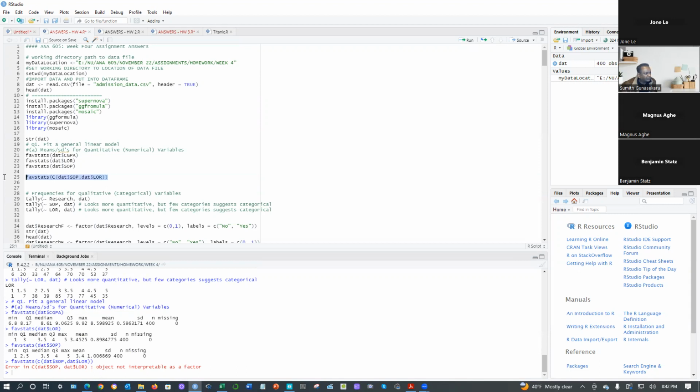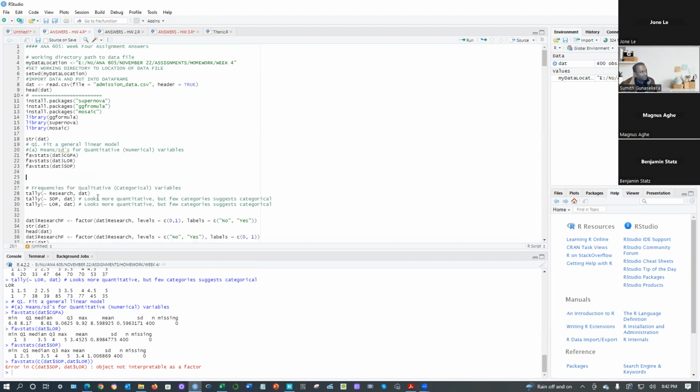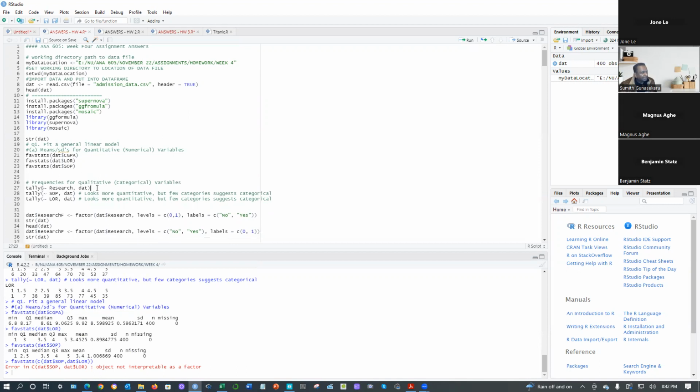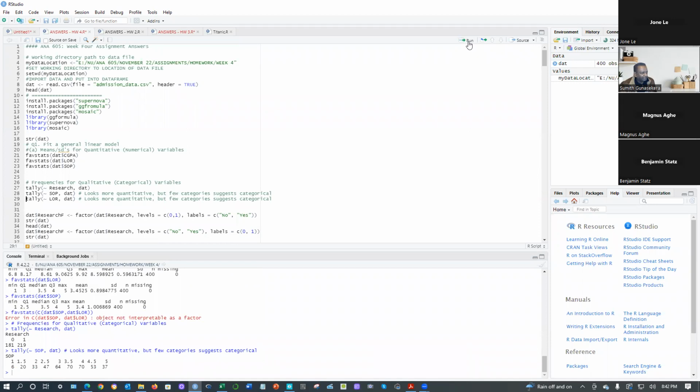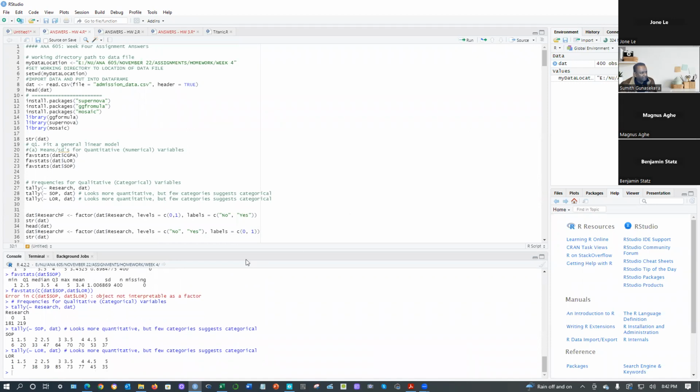No, this is not right. And then tally. Research for tally for sure. SOP as a tally, as a categorical. This one also as a categorical. See, that's what I did.